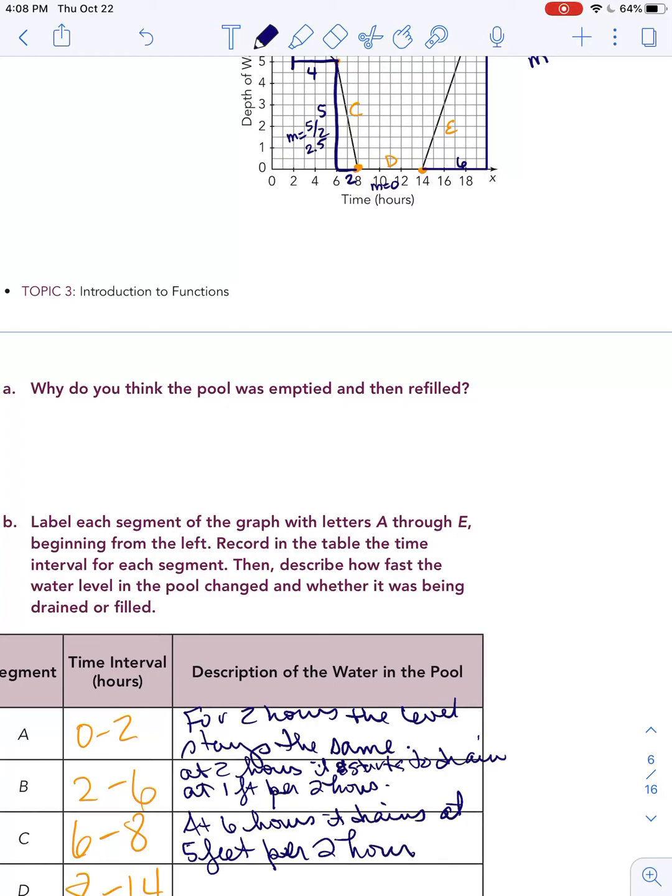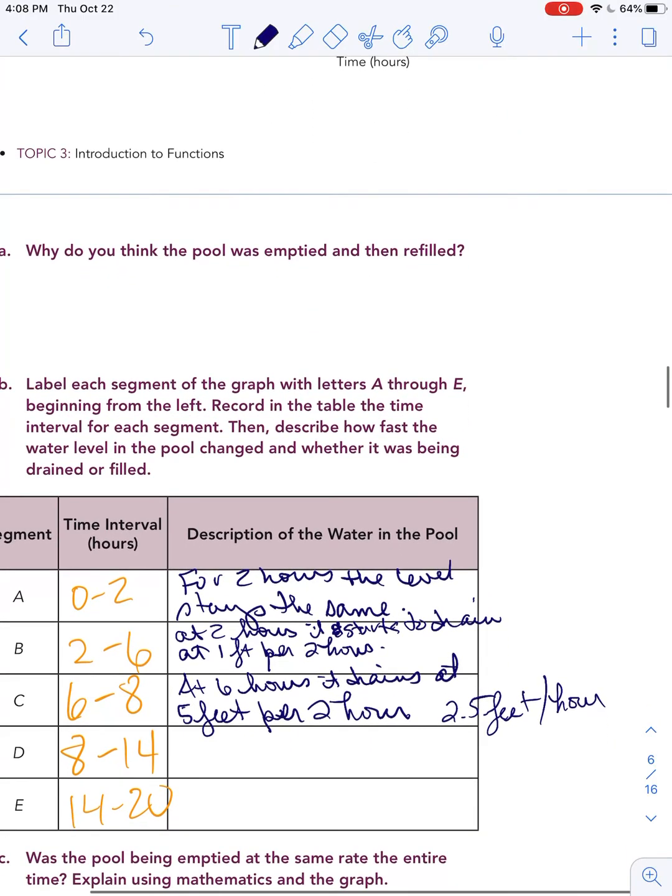Or you could also say, you could have also said at 2.5 feet per hour. Per hour. And then it stays empty for 6 hours.